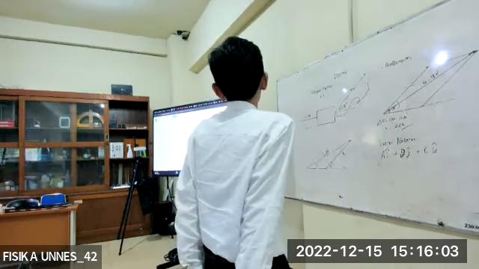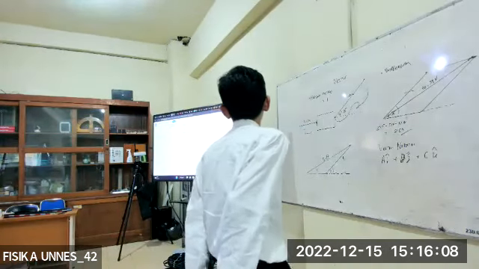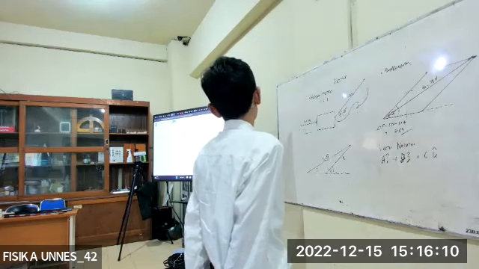For vector A, it is making an angle of 15 degrees with the positive x axis.